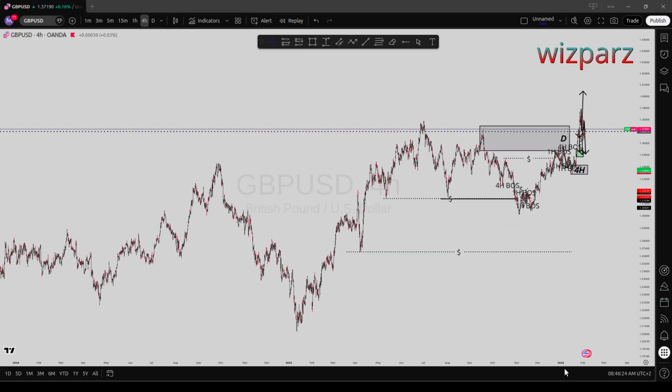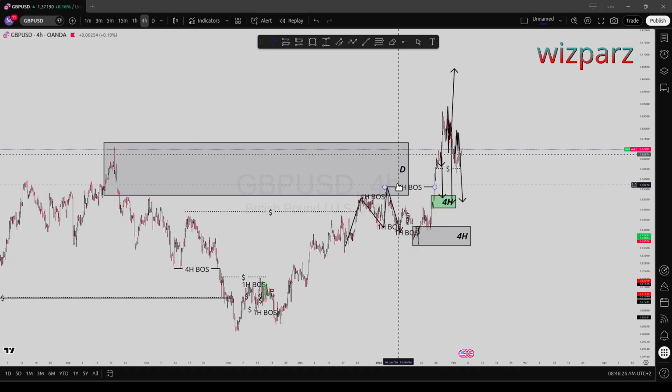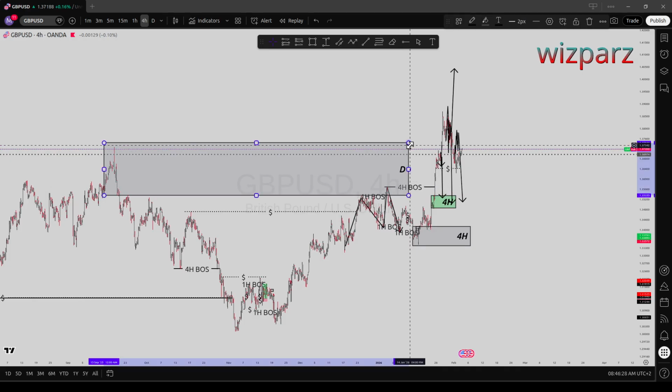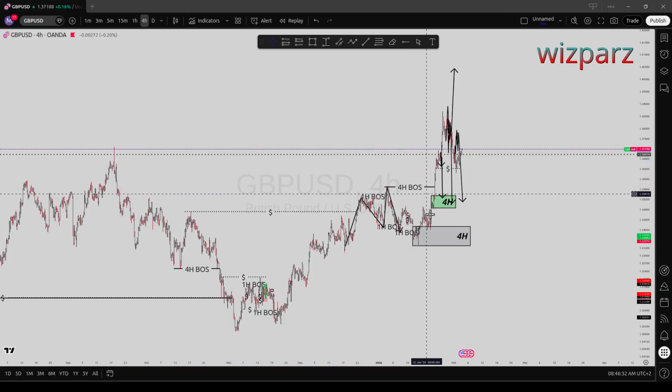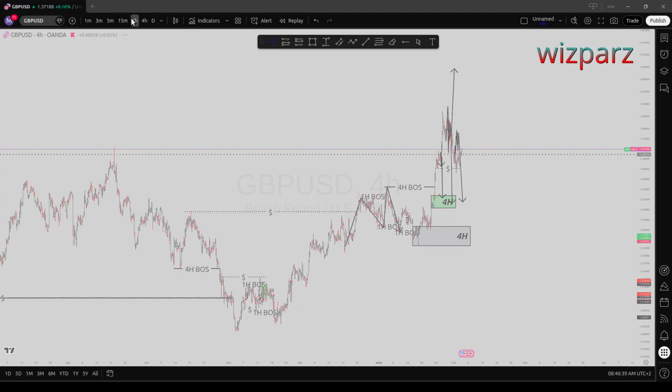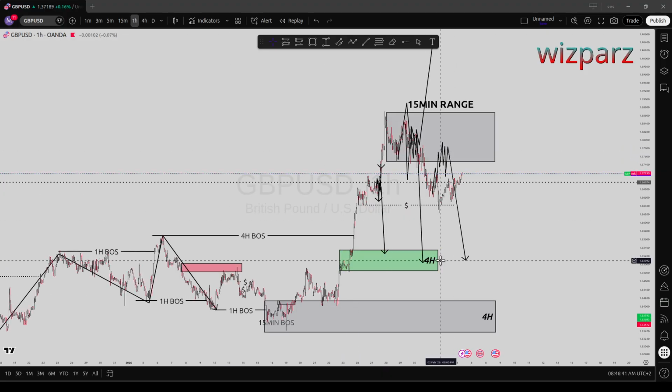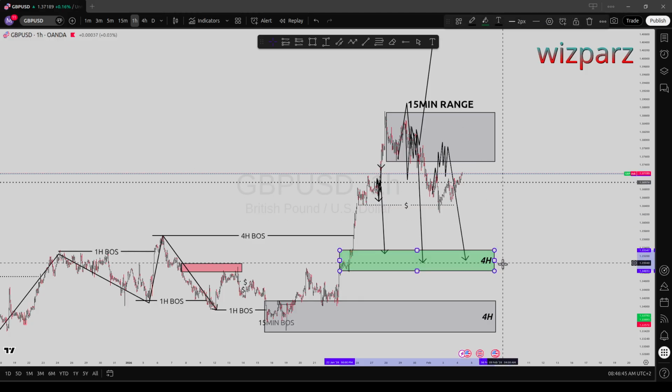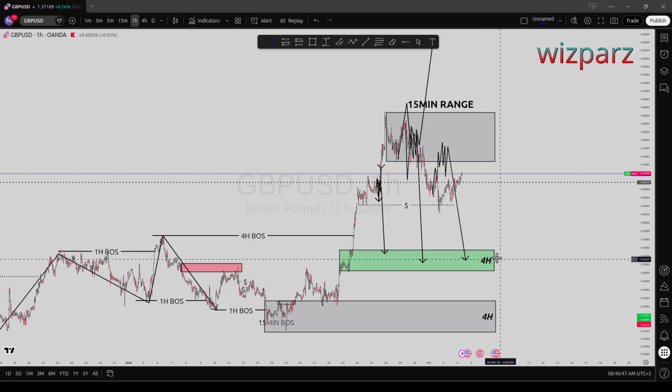As you can see, we have even broken this daily zone, which held the price to push down lower, and this is a major sign that the market is ready to push up higher. And as you can see, we are expecting price to make a pullback to this main area before looking for long.